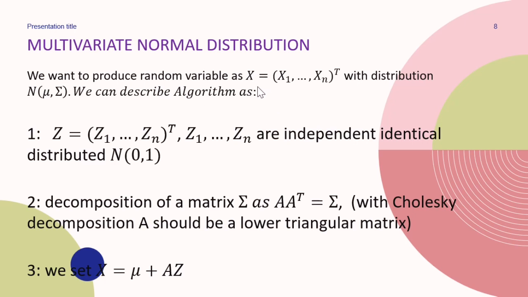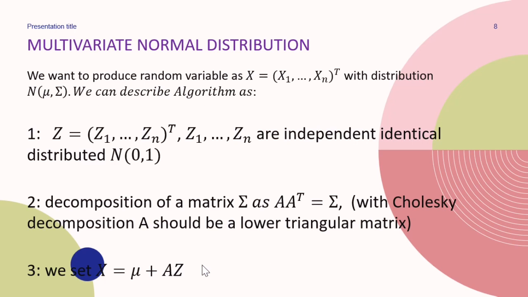To produce x, which is a vector with n components, you have to produce first of all n variables z1 to zn, independent identically distributed standard normal variables, and you need a decomposition of the matrix sigma, and you can use the Cholesky decomposition method, in which A should be a lower triangular matrix.